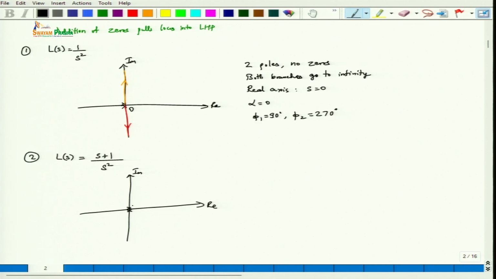We will have two poles at the origin and there will be a zero at minus 1. So, basically there are two poles, one zero, one branch ends at S is equal to minus 1, the other goes to infinity.